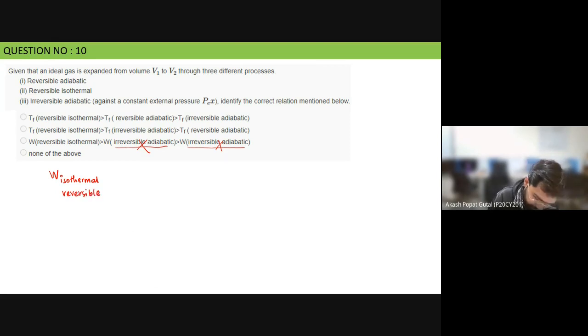So reversible isothermal has the highest work done, then reversible adiabatic is second, and then the work done at irreversible adiabatic.